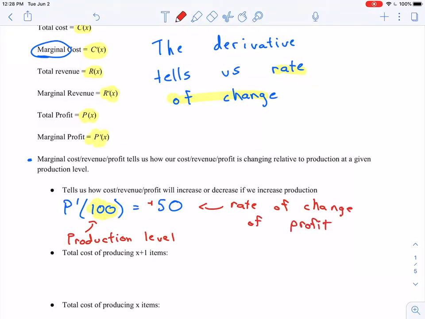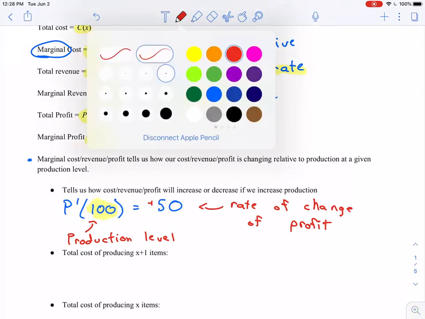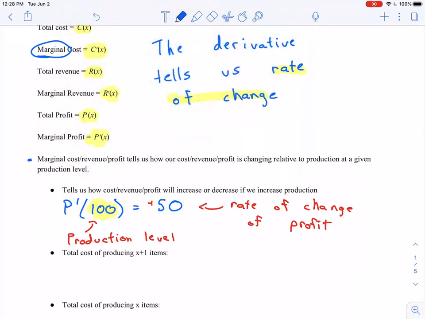So if I wanted to interpret this quantity, if I wanted to talk about what exactly this whole statement says, I would say something along the lines of: at a production level of 100 units per week, or per month. That would really just depend on the time frame we're talking about. We'll say per week, that's probably the most common one.